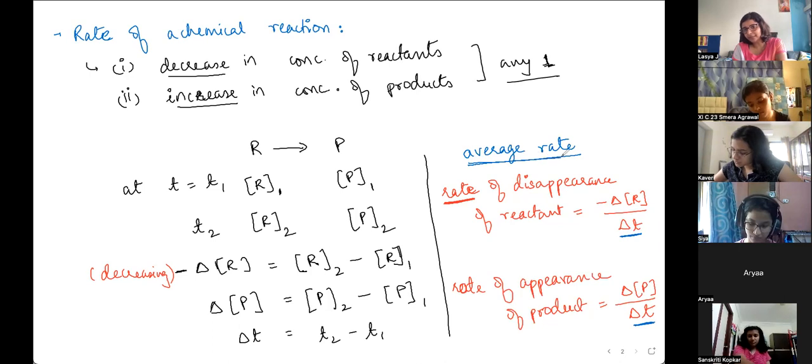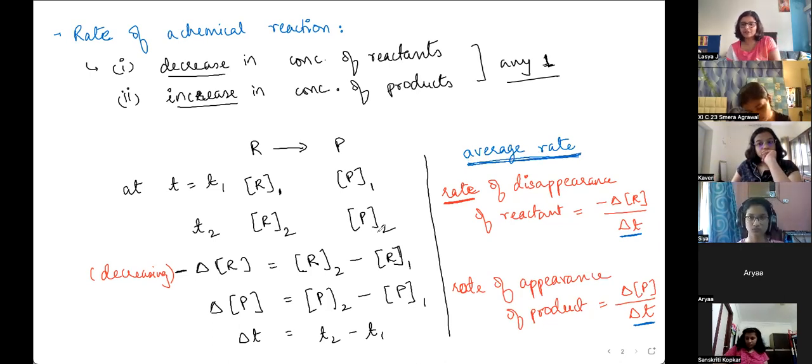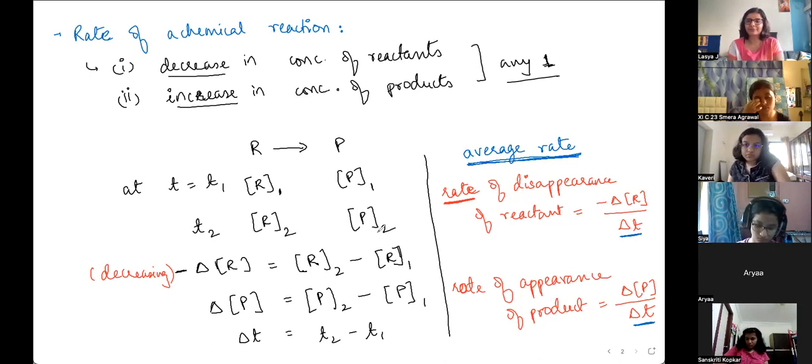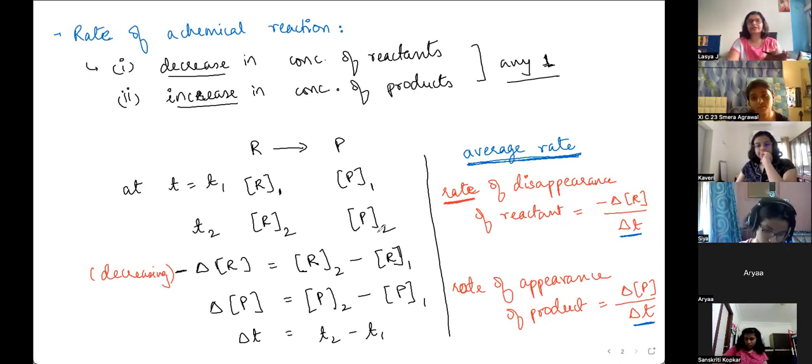If you remember mechanics, you had concepts of average velocity versus instantaneous velocity, right? Average velocity is a very broad thing. In 1 hour I traveled so much, so on average my speed is so much. This mirrors that same thing.